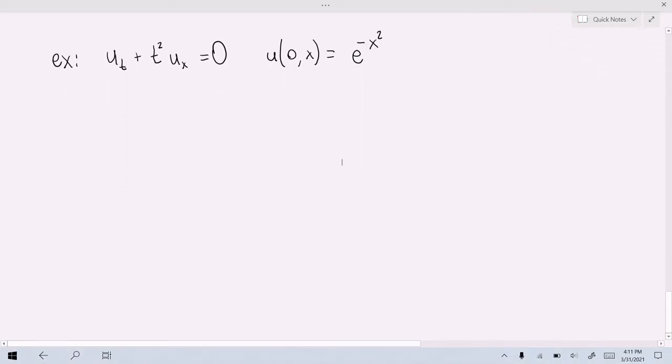All right, so we're taking a look at this example next. Again, we'll start by finding the characteristics.